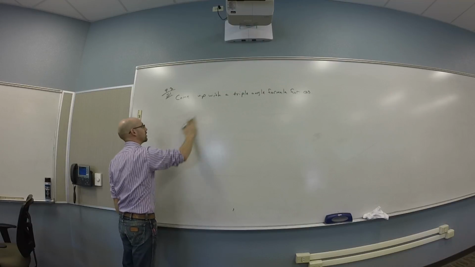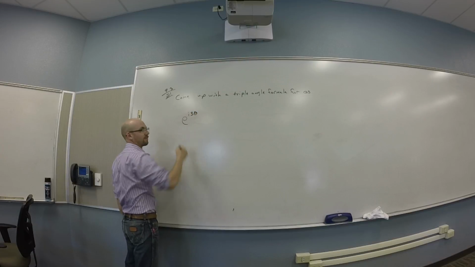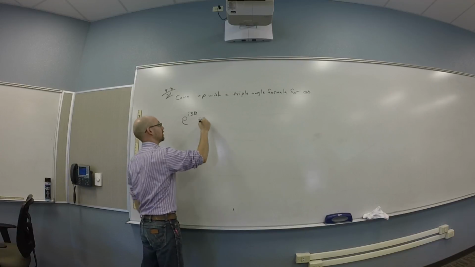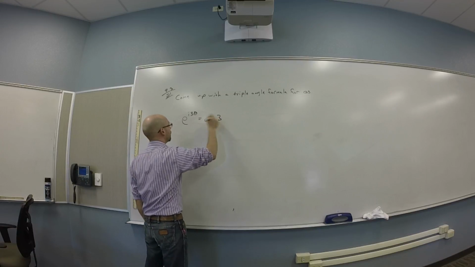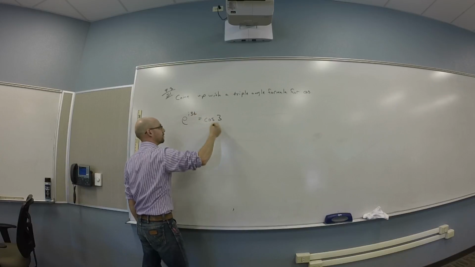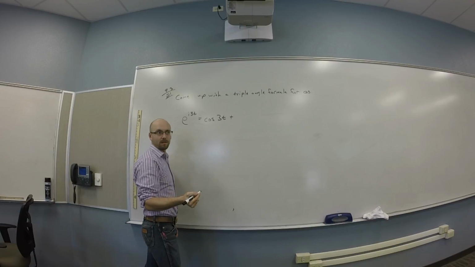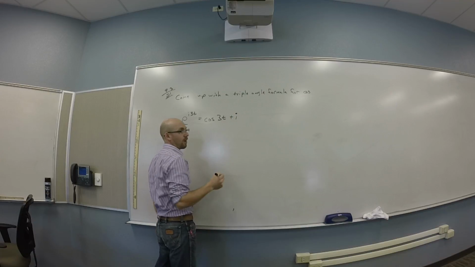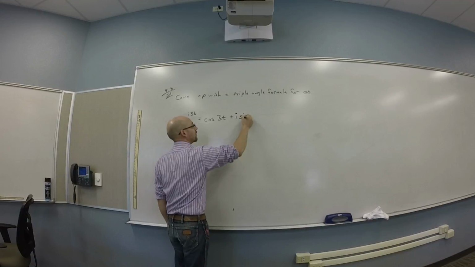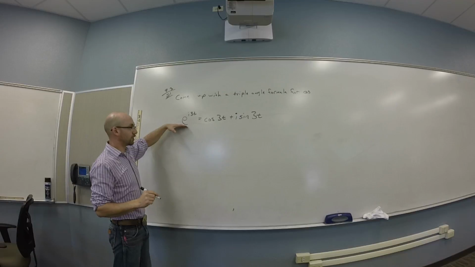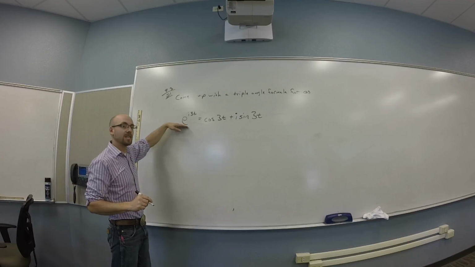So I need e to the i 3t, which on the one hand, out of Euler's, is cosine 3t plus i sine of 3t. Good, so this is straight up Euler's with 3t as the angle.